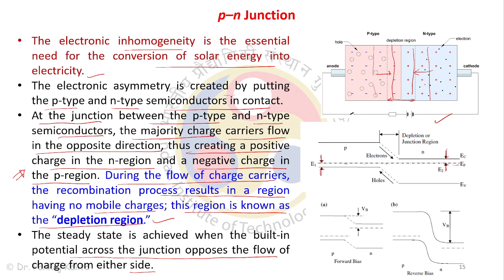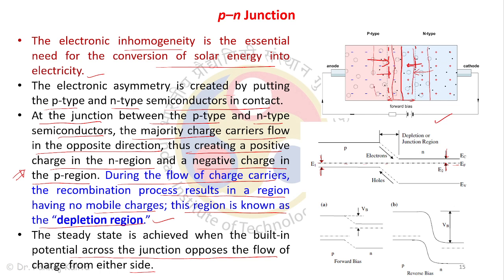If you put p-type and n-type together, there is formation of a p-n junction: holes go from here to here and electrons go from here to here, and they recombine near this junction, forming a depletion region. This creates a built-in potential at the p-n junction.